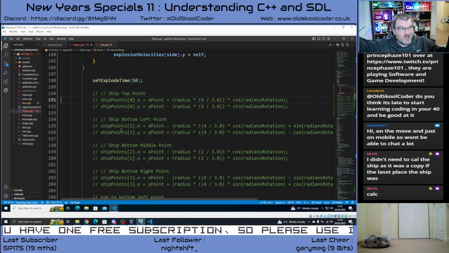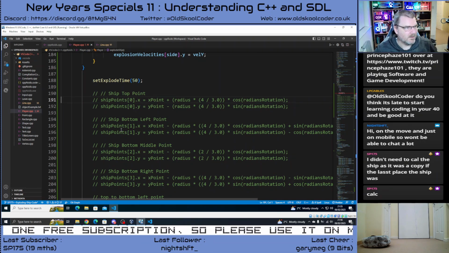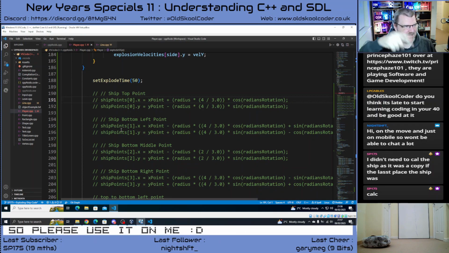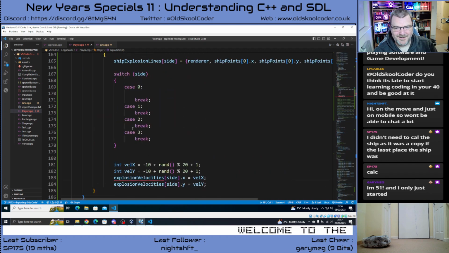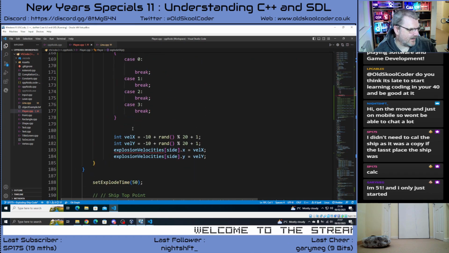So relearning it with everybody, no, it's never too late. And normally we don't do C++, right? Blame GaryMeg for this series. It's his fault. But we normally code in machine code. Normally 6502. There you go. Gary's 51 and he's only just starting. And he's doing alright in C++ now.